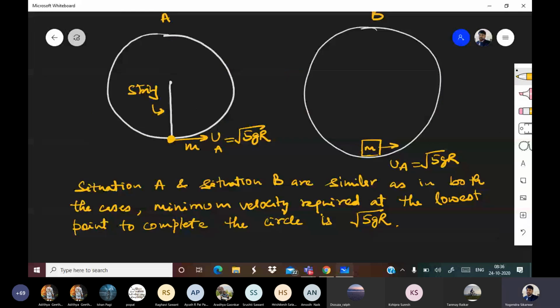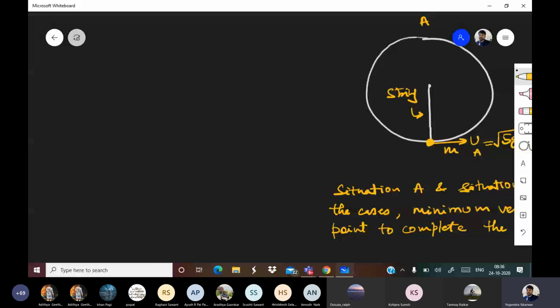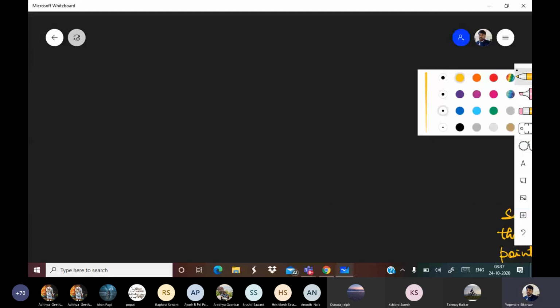Now, I want to tell you that there can be a slightly different situation. For example, this is a vertical circle, and in this vertical circle, earlier the object was connected by a string.